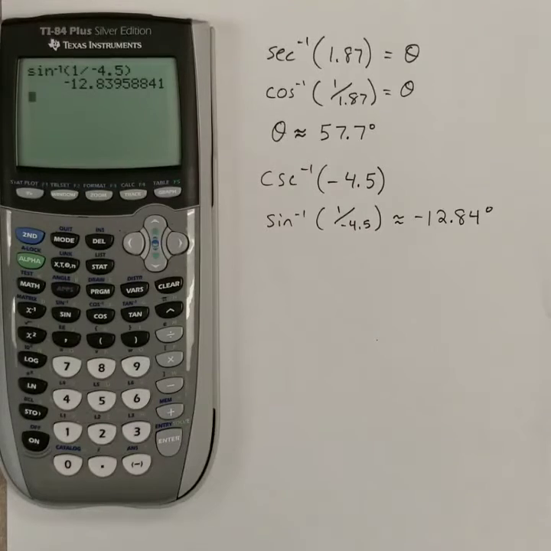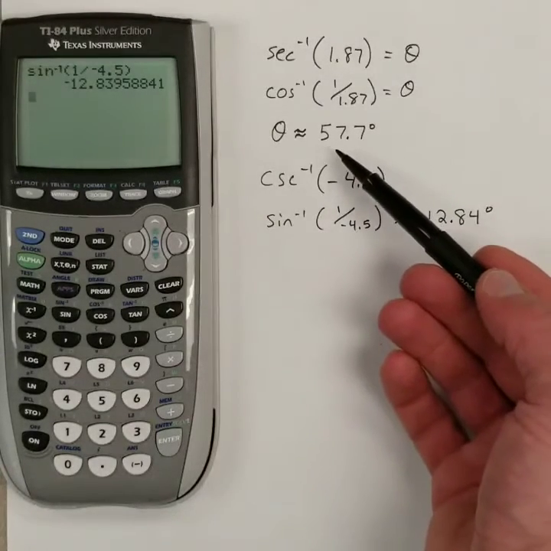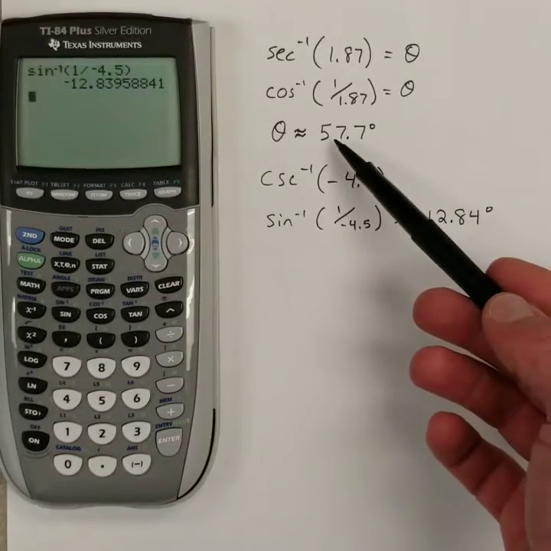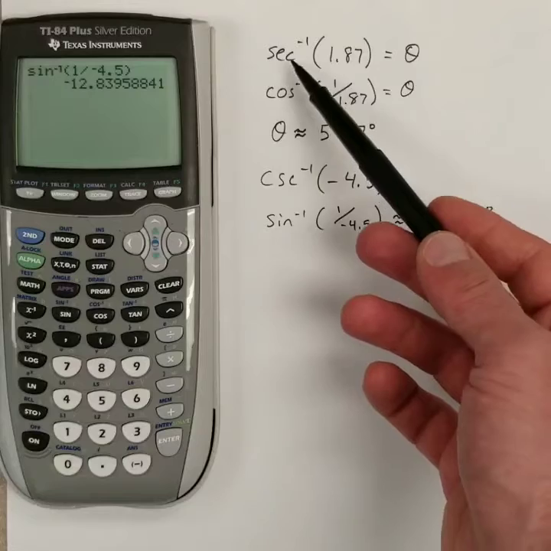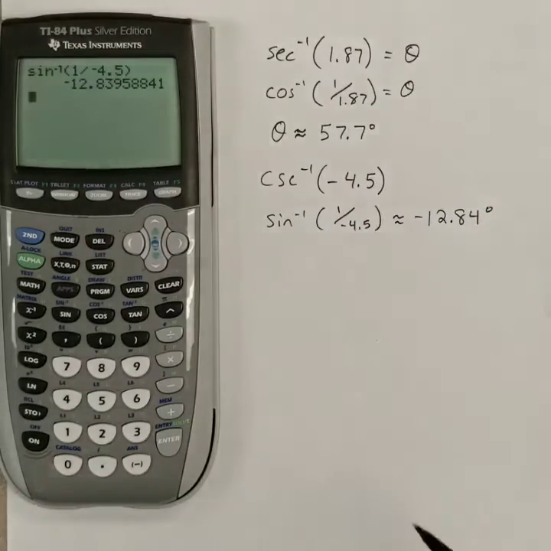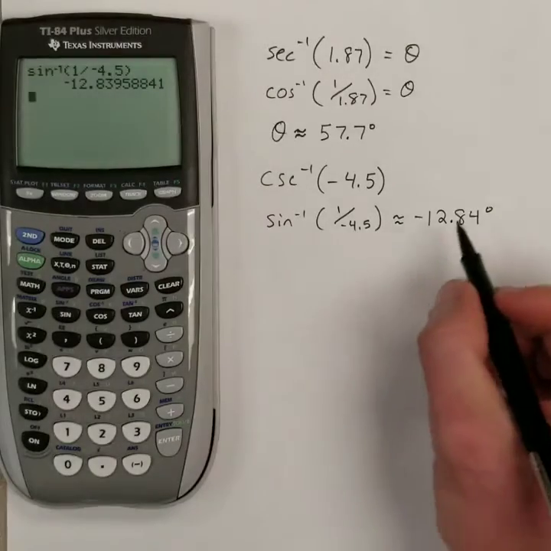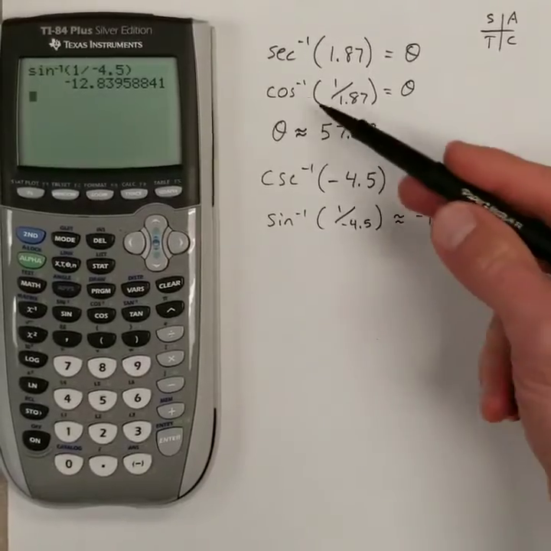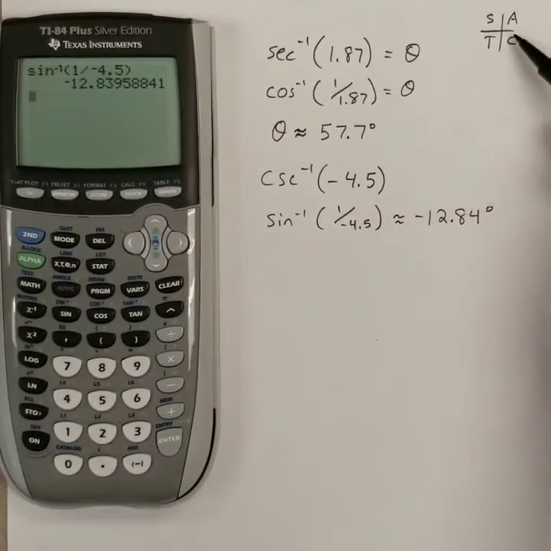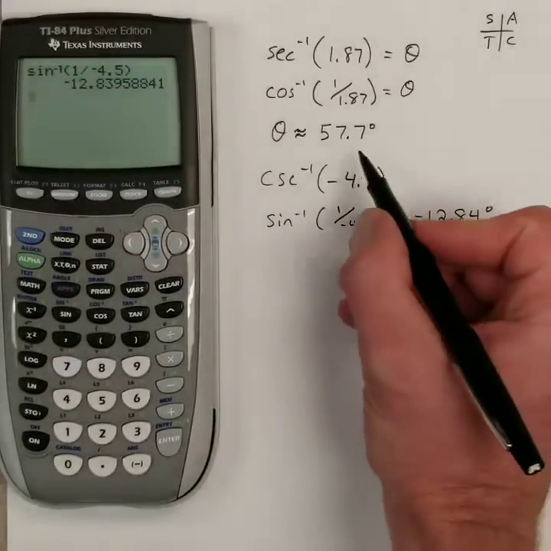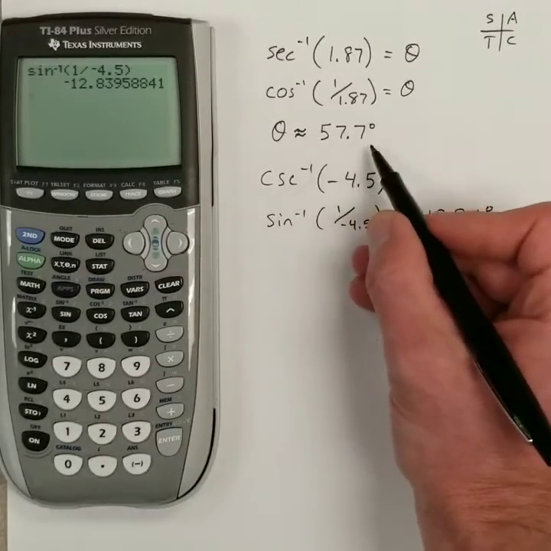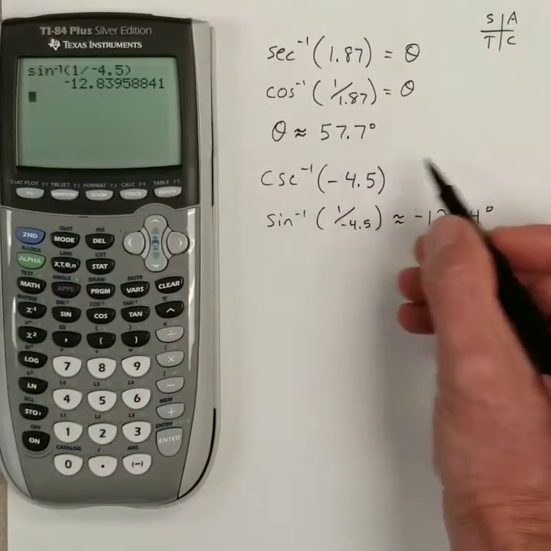Okay. If I go back to this previous example, 57.7 is in the first quadrant, which makes sense because the secant is positive, the cosine is positive in the first quadrant. But remember that ASTC, the cosine is also positive in the fourth quadrant. So is there a fourth quadrant angle where this is the reference angle? And the answer is yes.